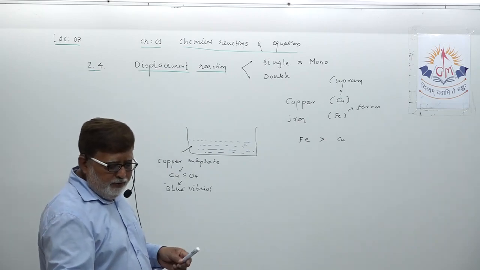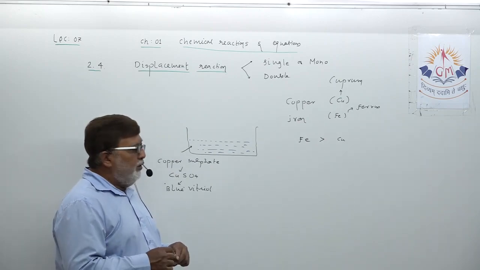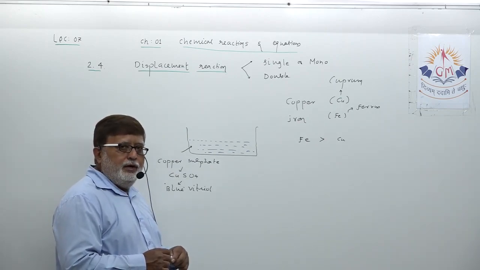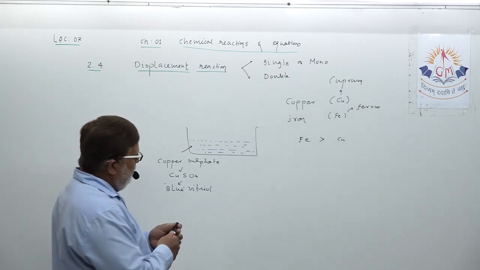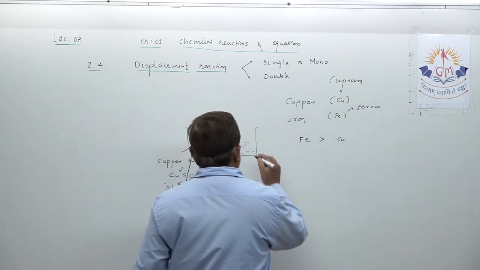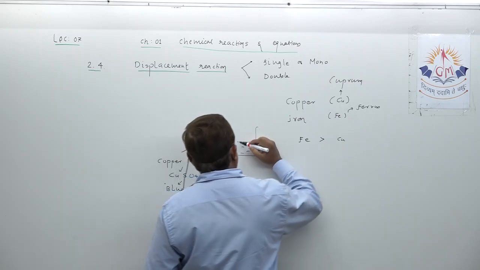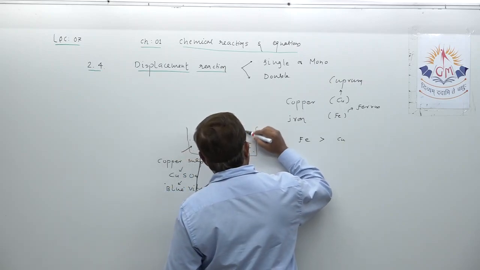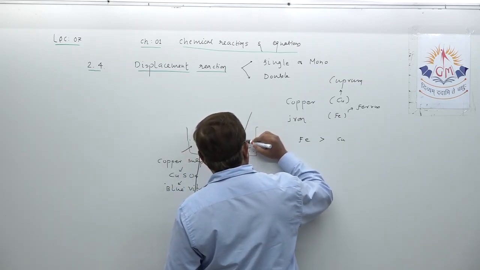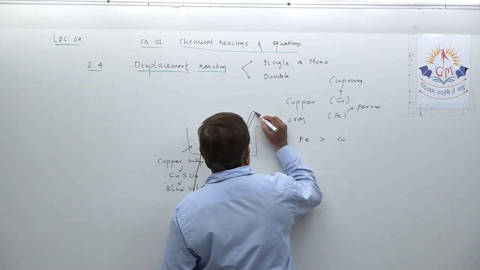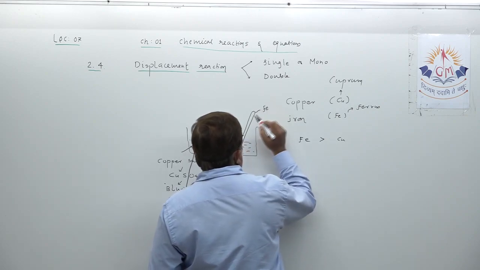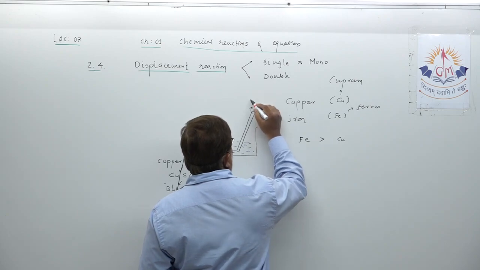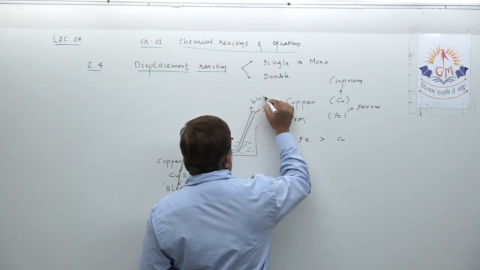Now in this, dear student, let us take an iron rod and place it in it. This is the iron rod, Fe. Iron rod, initially, you all know, is black in color.